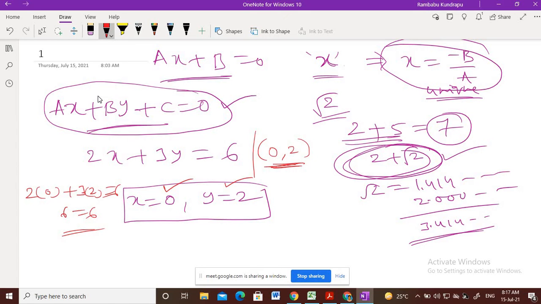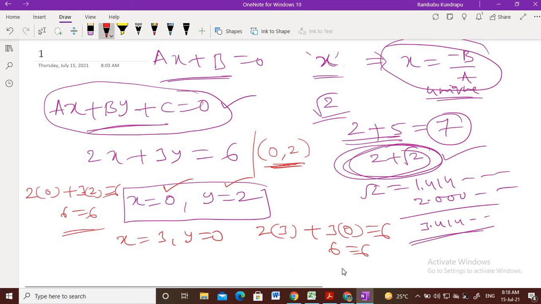Like that, if I take for example x is equal to 3 and y is equal to 0, just substitute these values in the given equation. You can see here 2 into 3 plus 3 into 0 is equal to 6, 6 is equal to 6. This is also satisfying.